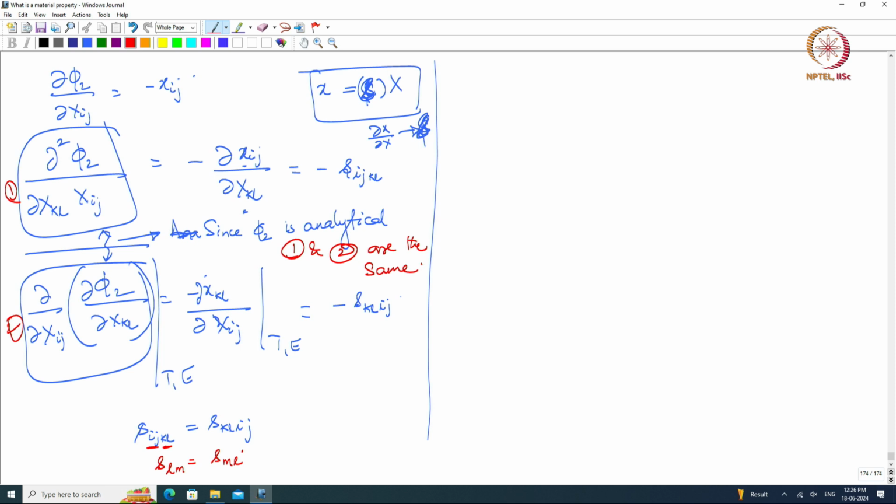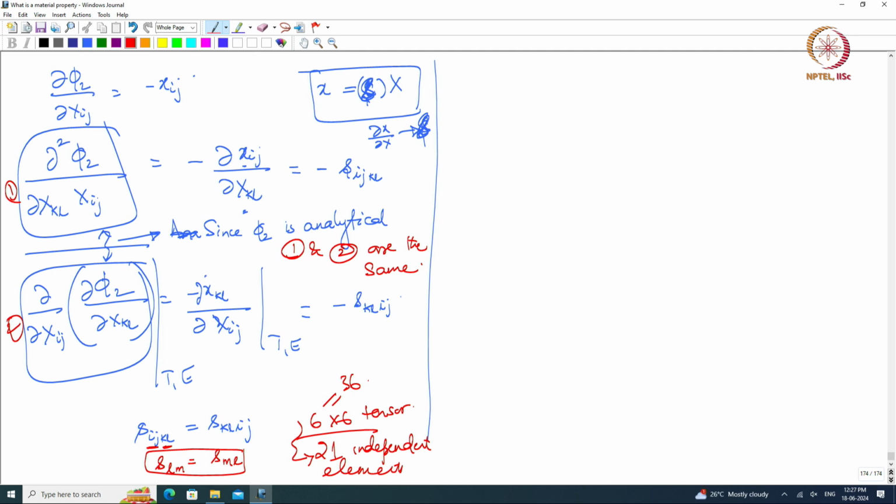I have already used this fact to say that the number of components is ideally 6 by 6, but in the 6 by 6 tensor, I only have 21 independent elements. Ideally I should have 36 elements, but I get down to 21. You can look back at the notes of the compliance and the stiffness tensors that we did.